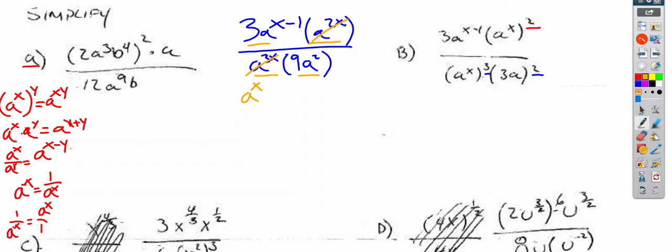Well, 3 goes into 9 3 times, and I still have my a squared. And so when I put this back together, I end up with a to the x minus 1 over a to the x times 3a squared.